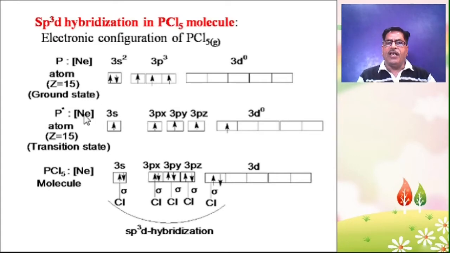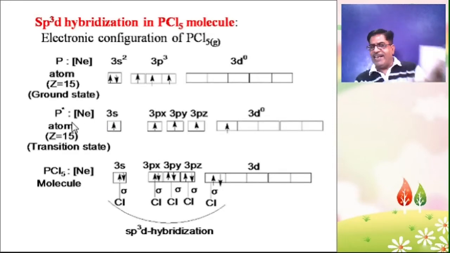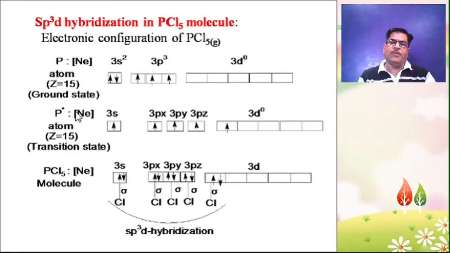So in the transition or excited state of the phosphorus atom, by gaining some energy, 1 electron of the 3s orbital is promoted to the vacant 3d orbital. So now 5 unpaired electrons are available.